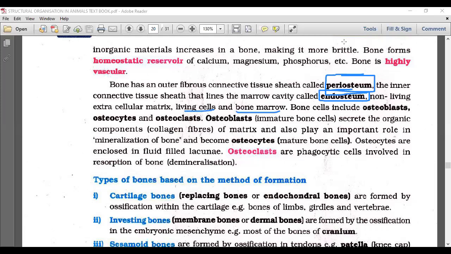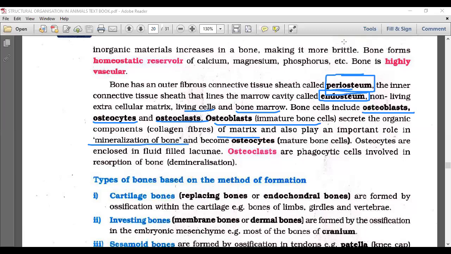The composition of the bone: the bone cells include osteoblast, osteocyte, and osteoclast. Osteoblasts, which are the immature bone cells, secrete the organic components like collagen fibers of the matrix and also play an important role in the mineralization of the bone.